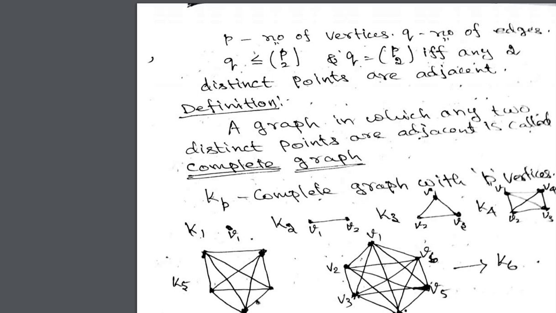Second problem, find the number of points and lines in Km,n. So generally, in Km,n how many points will there be and how many lines will there be, that is what is asked. Number of points and number of lines. You can do it by drawing K1,1, K1,2, K1,3, K1,4, K2,1, K2,2, K2,3, and so on.